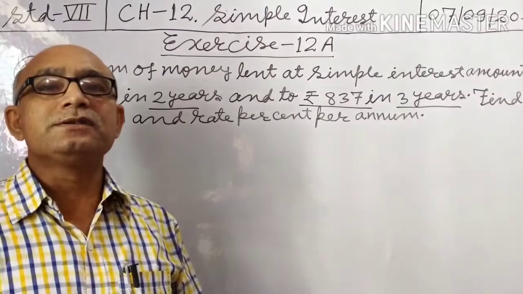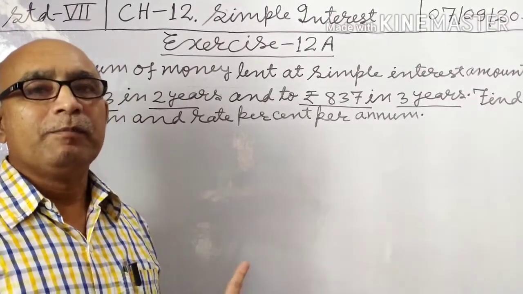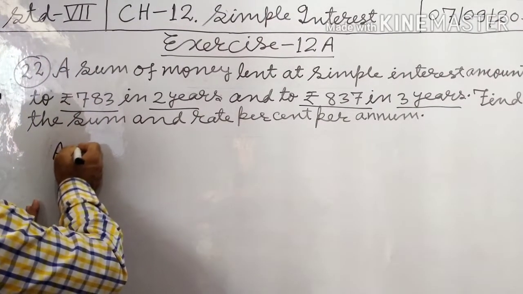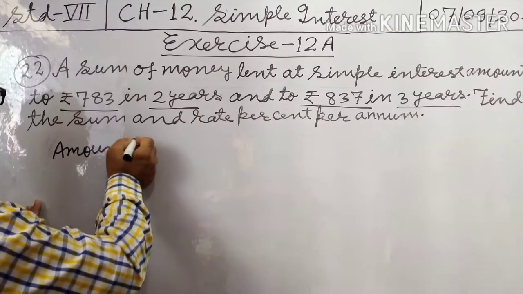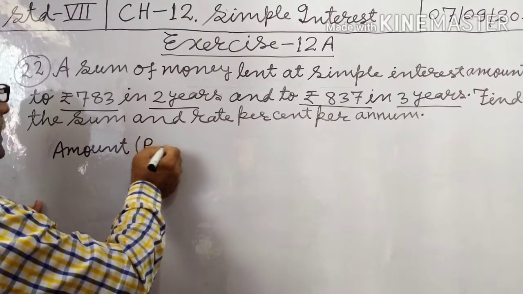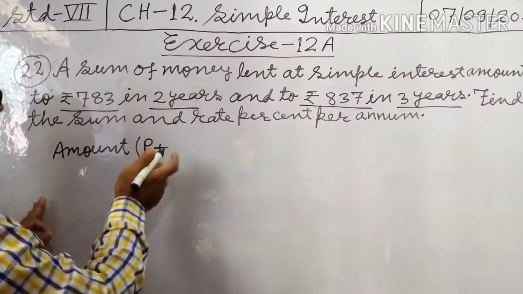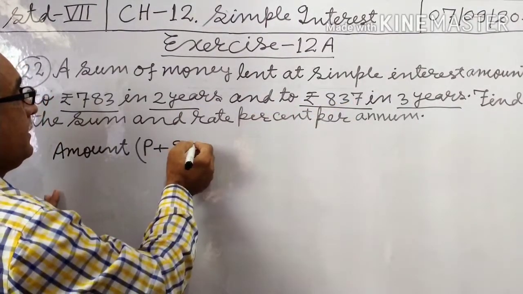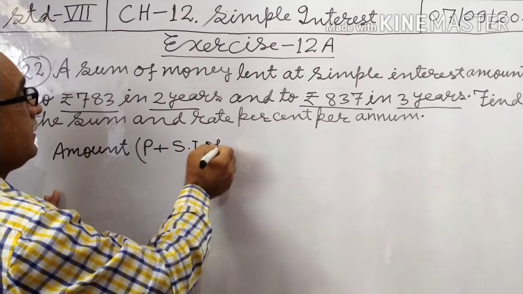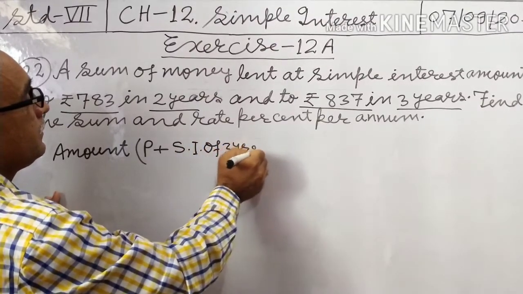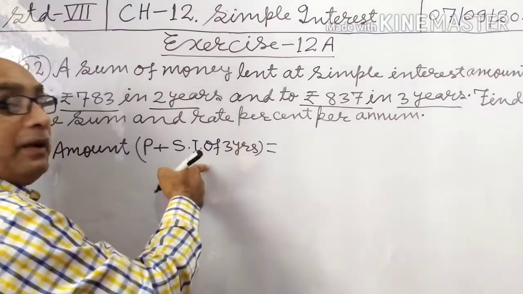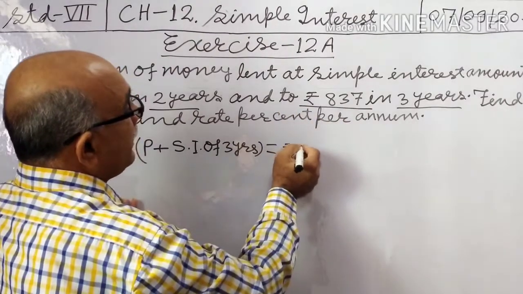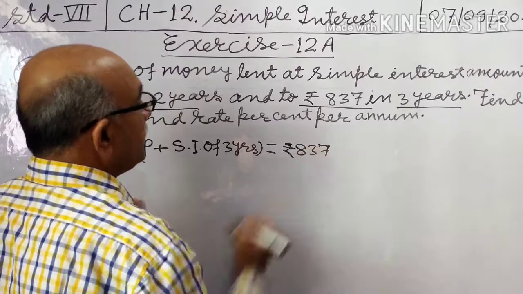Students, amount means principal plus SI. So amount: P plus SI of 3 years equals rupees 837.